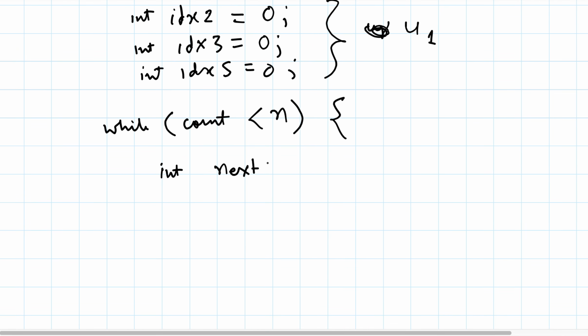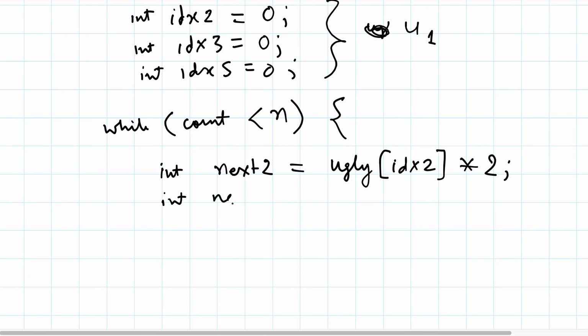So next 2 will be ugly idx2 multiplied by 2. Next 3 will be ugly idx3 multiplied by 3, and similarly next 5.